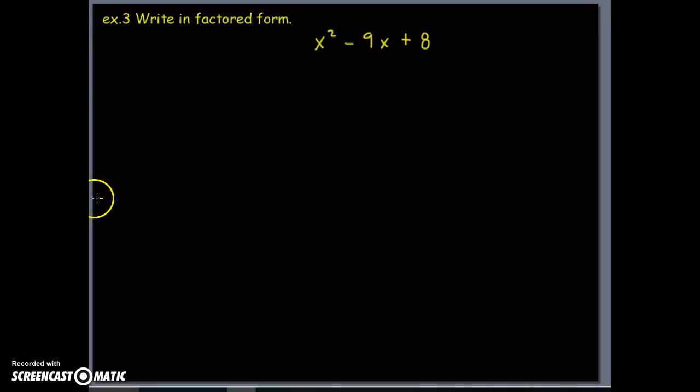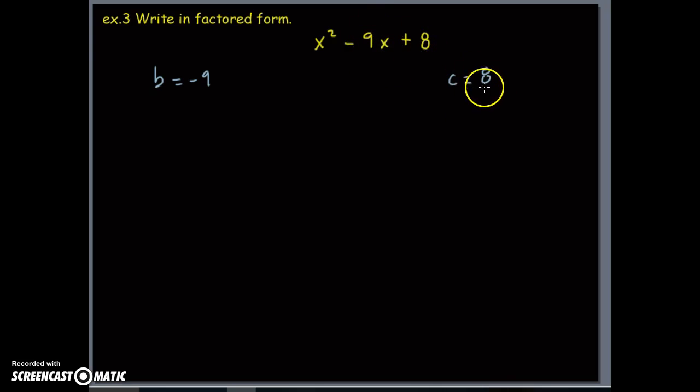Example number 3. So I'm going to go a little bit quicker now that we kind of have an idea. So we know that b is negative 9. And we know that c is 8. So numbers that are going to multiply to 8 but add up to negative 9. Well, I know that the number 9 is larger than 8.